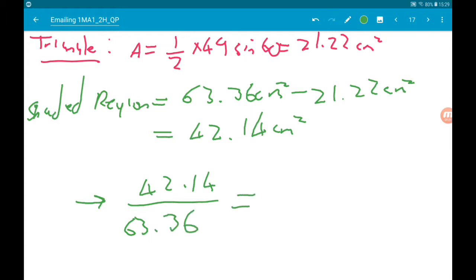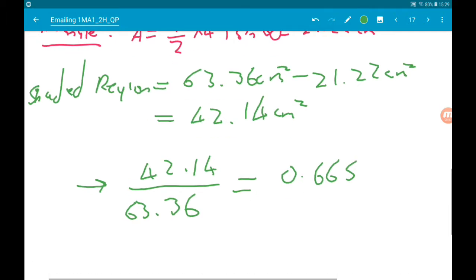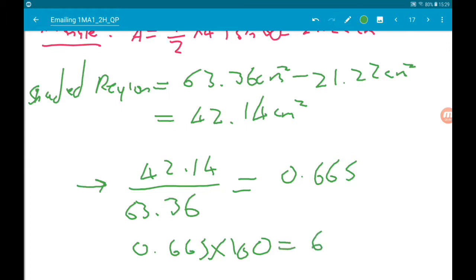Now that would give us 0.665. And then multiply that by 100. And we get 66.5%. Cool.